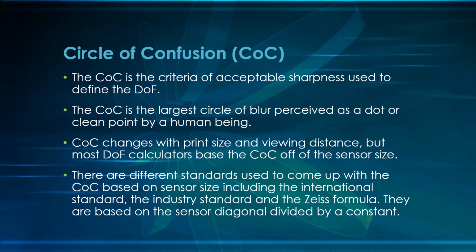Circle of confusion changes with print size and viewing distance, but most depth of field calculators base the circle of confusion off the sensor size. So the circle of confusion will be basically a constant for a particular sensor size. That always stays constant within the equation as long as you don't change the sensor size.